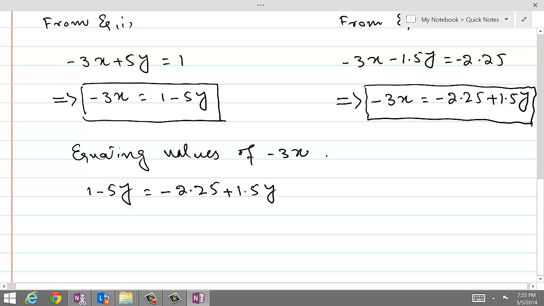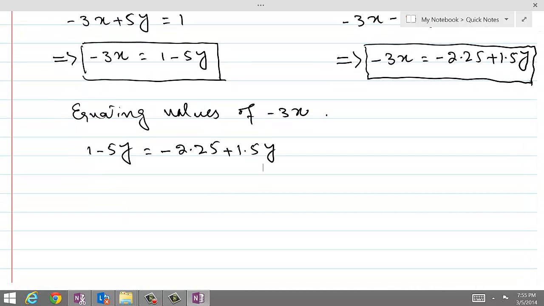And we know when we need to solve this kind of equation, we collect terms involving the variable on one side and constants on the other side.